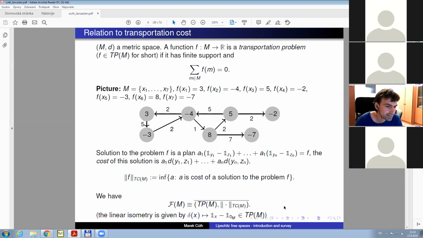And the connection is that this Banach space is actually isometric to the Lipschitz-free space. The isometry is actually very simple. It's given by mapping each evaluation delta(x) to the characteristic function of x minus the characteristic function of 0. And you can extend it by linearity to an isometry. Okay, so this is the connection.